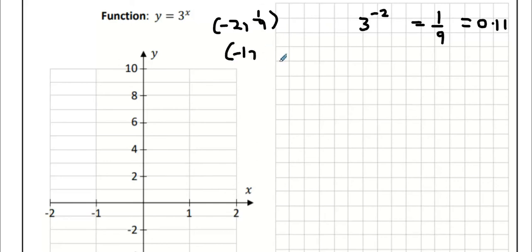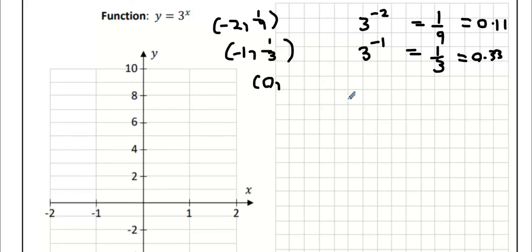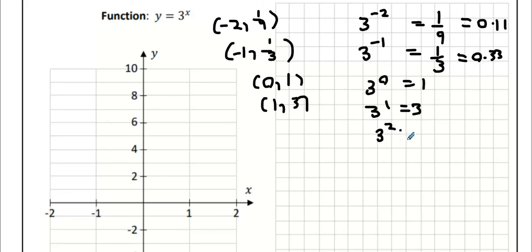That's what happens when you replace x with minus 2. Then minus 1 gives 1/3, which is your 0.33. And then it's 0, 1 and 1, 3, because 3 to the power of 0 is 1, 3 to the power of 1 is 3, and 3 to the power of 2 is 9.